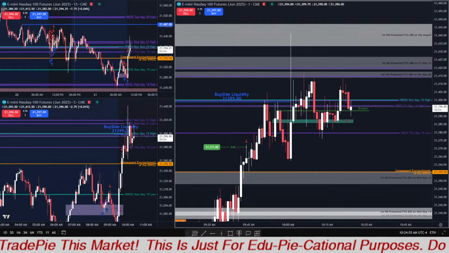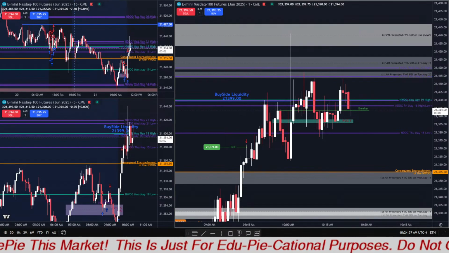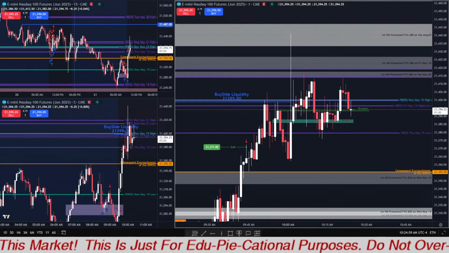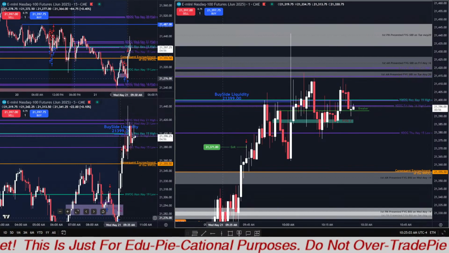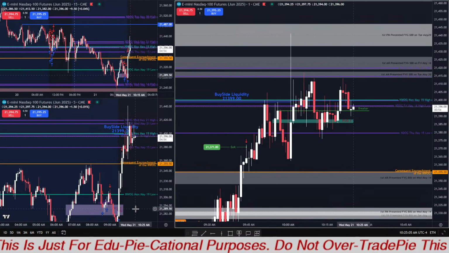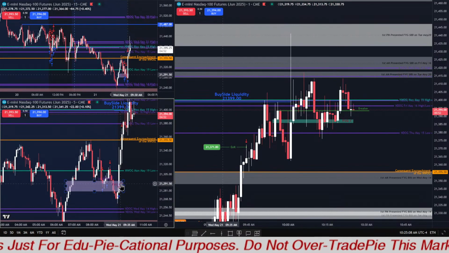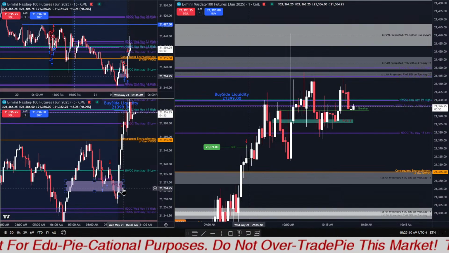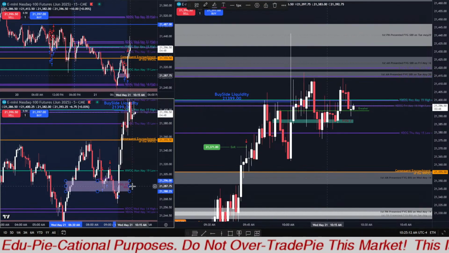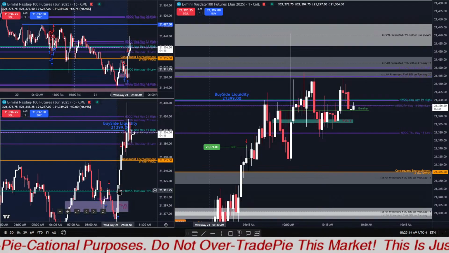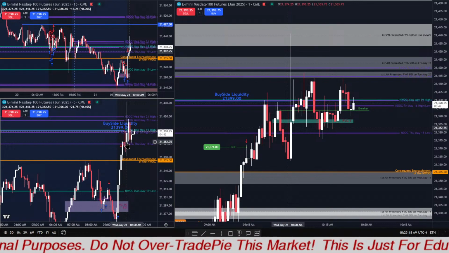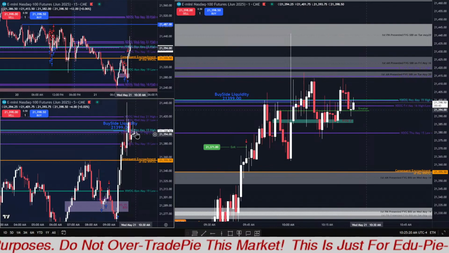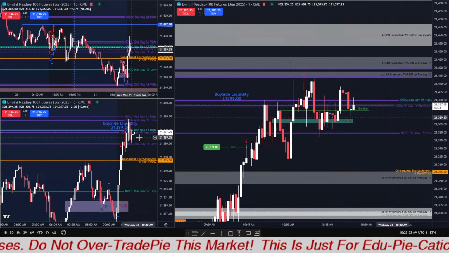Okay, now we have this kind of market structure that is very high resistance after this very beautiful run from this 15-minute BC. You can see over here we had this very nice run in the first 30 minutes until 10 o'clock, and after 10 we started consolidation.